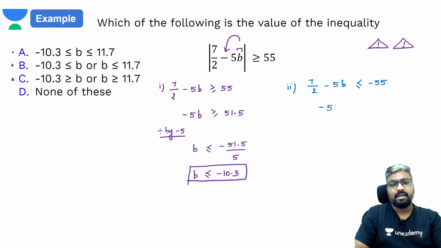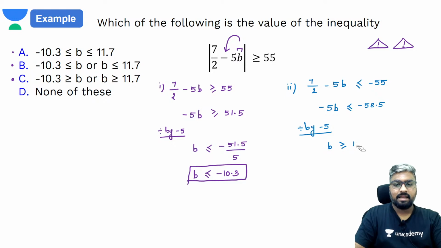What will you get? -5b is less than or equal to -55 minus 3.5, which is -58.5. Agreed? Dividing by -5 now. Again please be careful about this. ये क्या हो जाएगा? b साइन वापस फ्लिप हो जाएगा, माइनस माइनस कैंसल, you will get 11.7.